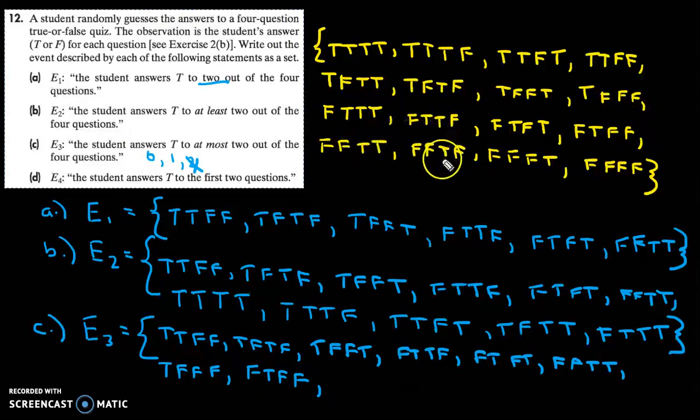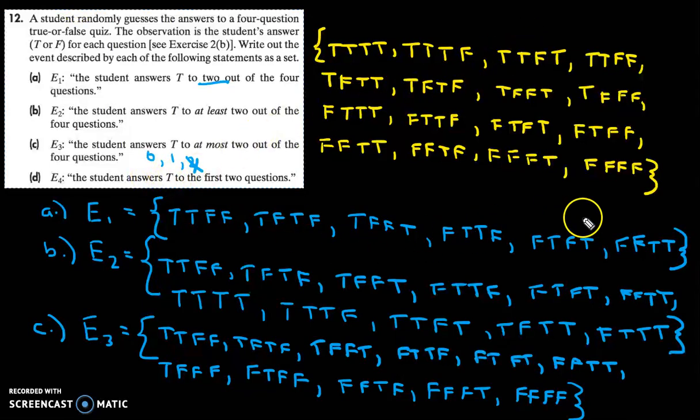Here's another one that only has 1. Here's another one that only has 1. And then last, here's one that has 0 trues, which would fall under at most 2, so 0 or 1 or 2.